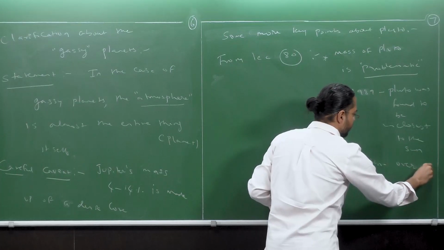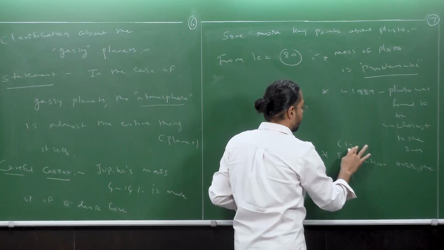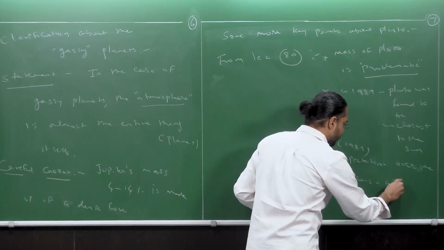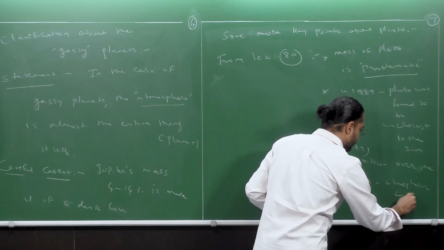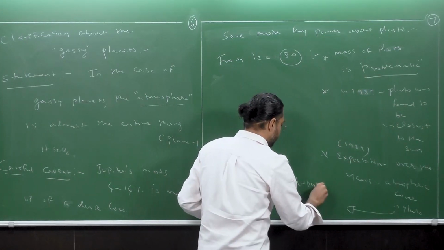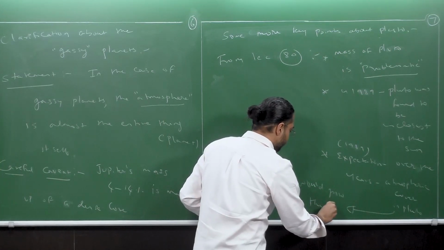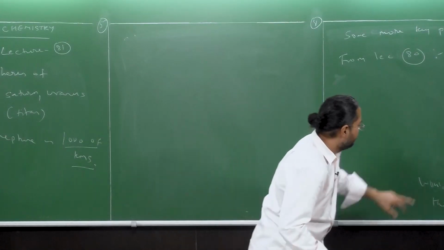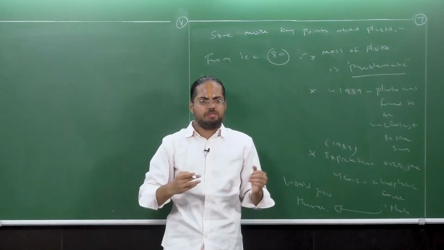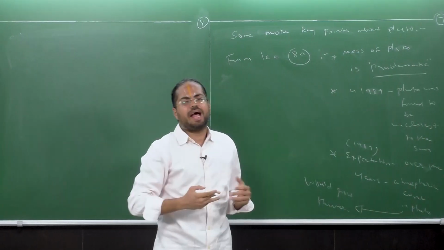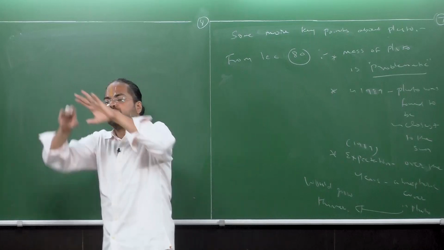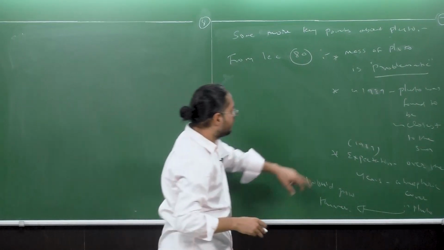So the expectation in 1989, over the years, was that the atmospheric cover in Pluto would grow thinner. Until about 2016, this was the expectation. The point is, as Pluto would go further away from the sun, the temperature would become lower and lower, and there wasn't enough energy radiated by Pluto to sustain the atmospheric cover. So the atmosphere was expected to be growing thinner and thinner.